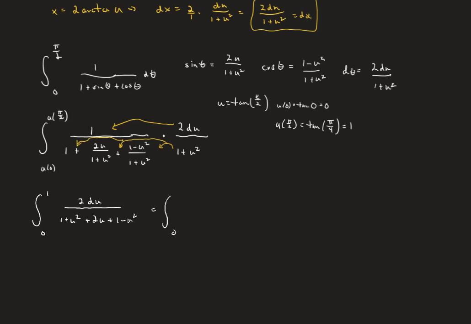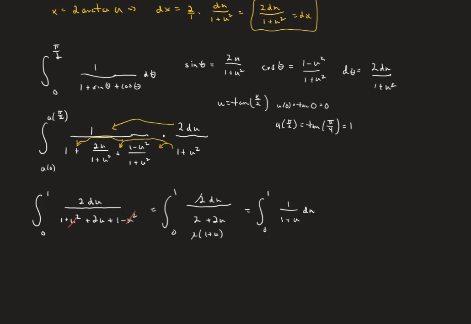So this is going to become the integral from 0 to 1 of 2 du over, and it looks like the u squareds are going to cancel, and we'll get 1 plus 1 is 2 plus 2u. Oh boy, this is nice. So we have the integral from 0 to 1. If we factor a 2 out of that denominator, it will cancel with that 2 up there, and we have maneuvered this now to be 1 over 1 plus u du.